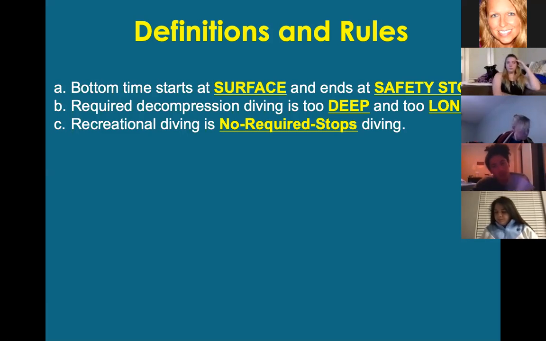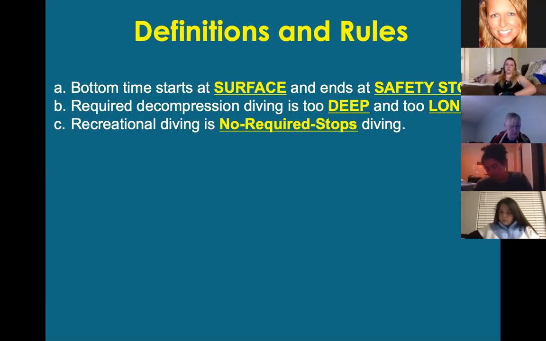Did anyone find it? Not yet. So, introduction to dive tables. You should see a page that says definitions and rules. I see bottom time is... first dive time limits. No. No, it should say definitions and rules. This is the next page.